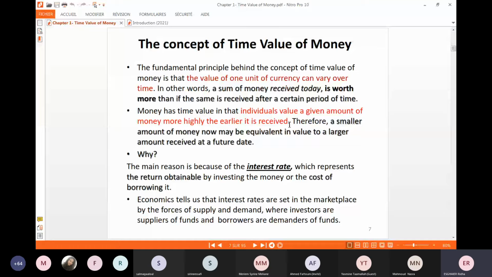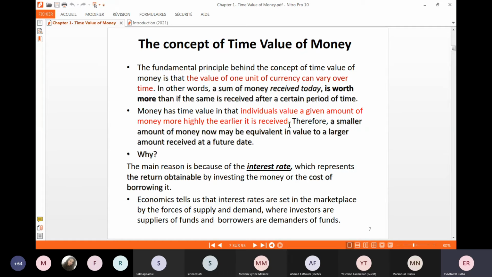How are interest rates set? Economics tells us that the interest rates are set by the forces of supply and demand. The investors are the suppliers, and the borrowers are the demanders of funds.